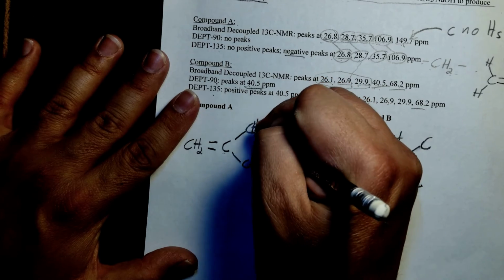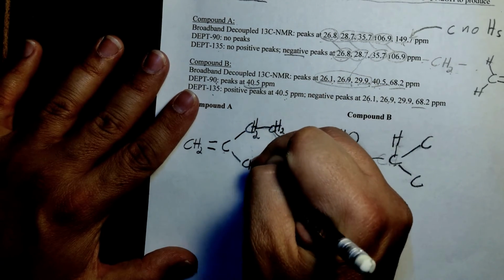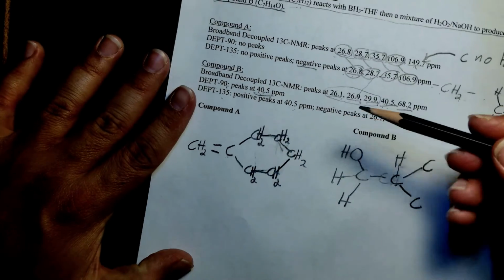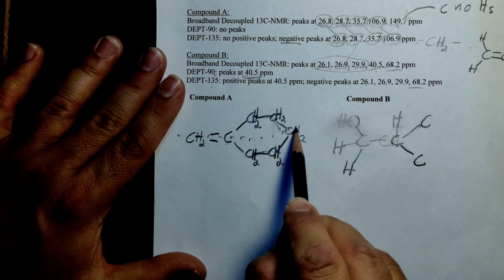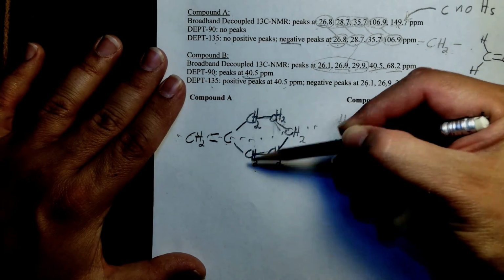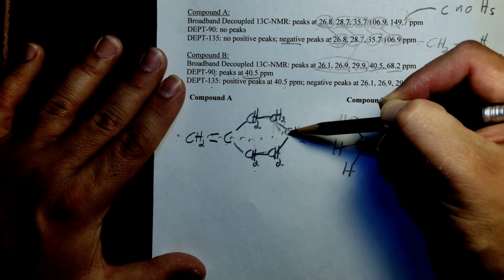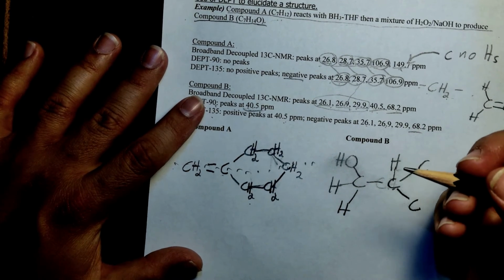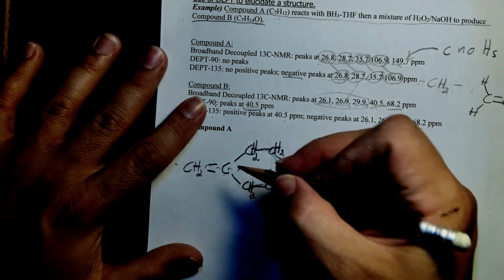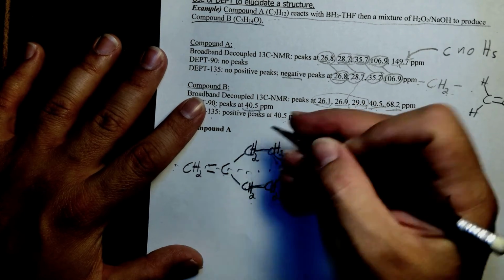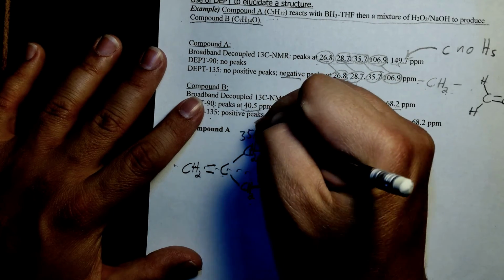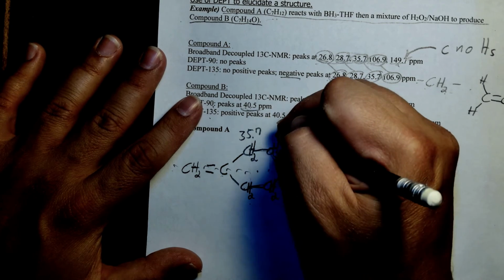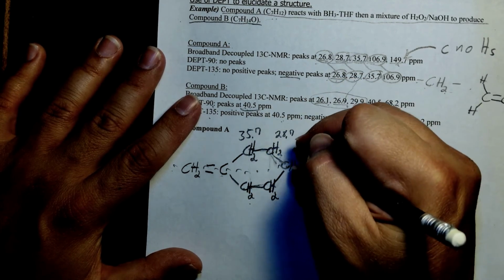So if you draw this structure, CH2, CH2, CH2, CH2, CH2, and because of symmetry, it would go like this, then these 2 carbons are the same as each other, these 2 carbons are the same as each other, and this carbon is by itself. More than likely, these 2 carbons that are directly connected to the sp2 carbon are what caused the 35.7 ppm peak. These two that are a little bit farther away are probably the 28.7, and this one is the 26.8.